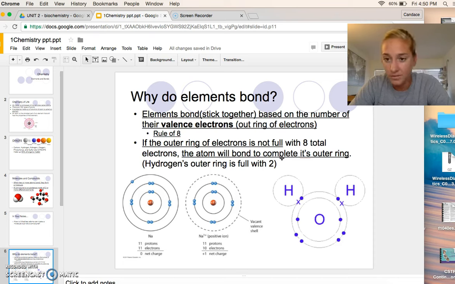So if you have an atom that doesn't have 8, or if it's hydrogen and it doesn't have 2, it desperately wants that. It desperately wants to complete its outer ring. That's going to drive the atom to bond with another one so that it can get access to 8 electrons in its outer shell.